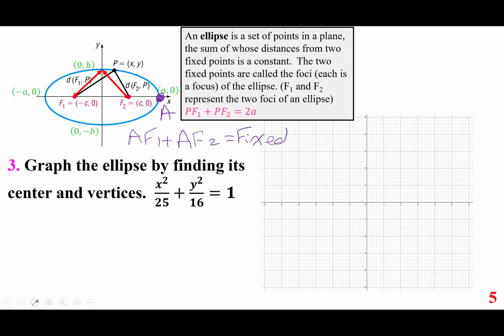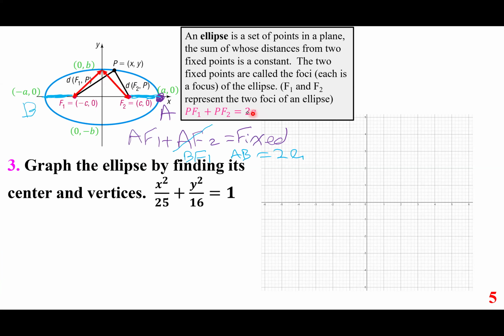Now notice AF2, this much, is the same as this much by symmetry. So if you replace that, and let's call this B, then you can replace AF2 by BF1, and that becomes AB, and that is equal to 2A. That's the proof, believe it or not. And so that's why we have 2A.